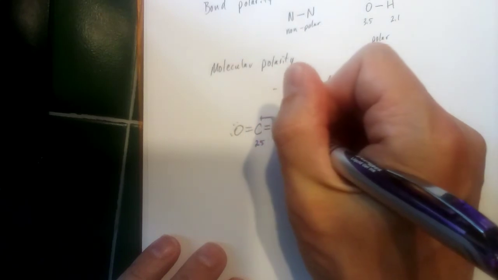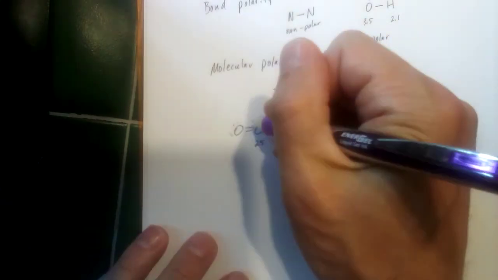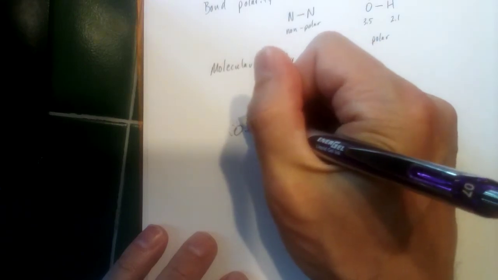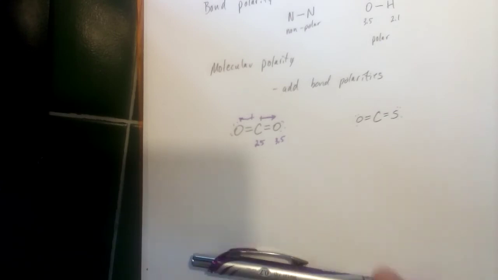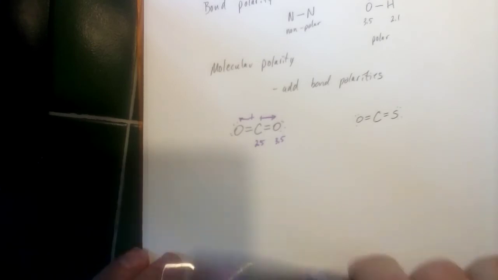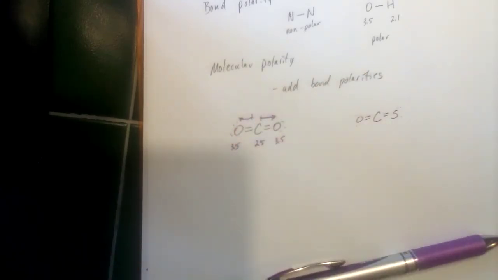This carbon-oxygen bond is pulling electrons to the right-hand side, but the other carbon-oxygen bond is pulling electrons to the left-hand side. So it's almost like a tug-of-war. One oxygen is pulling one way, the other oxygen is pulling the other way, but the oxygens have the exact same strength. So they don't pull the carbon in either direction in that imagined analogy.